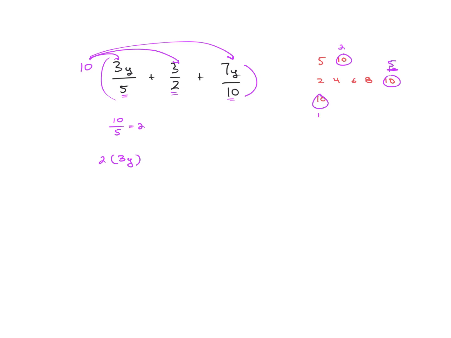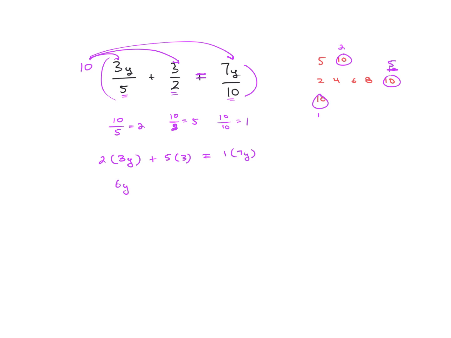So basically that's going to be the result, right? 10 over 2 is 5, so we're going to have 5 times the 3 here. And then 10 over 10 is 1, so we're just going to multiply this by 1 here. Well, let's say this is supposed to be equals. Can't have an equation without an equal sign, and we have the 1 times the 7y.